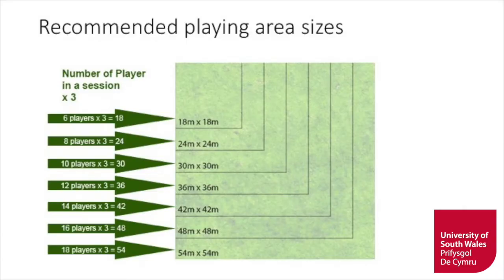It's also important in our coaching toolbox when developing players in the physical corner to understand the playing area sizes that we set. So smaller areas with fewer players gives exposure to high number of accelerations and decelerations and changes of direction. Whereas larger areas with a higher number of players gives exposure to more endurance type running.